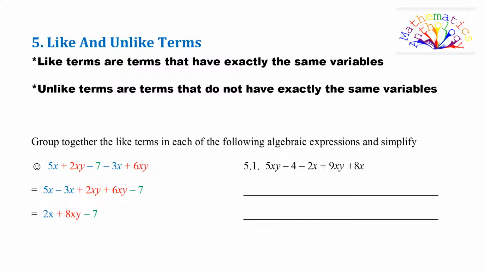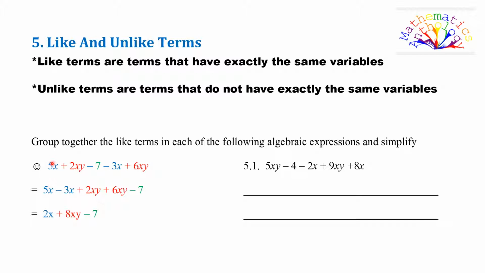Like and unlike terms. Like terms are terms that have exactly the same variables or letters in algebra. Unlike terms are terms that do not have exactly the same variables. So let's work with this example here. Group together the like terms in each of the following algebraic expressions and simplify.